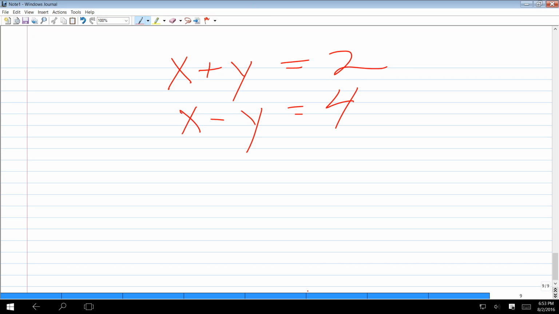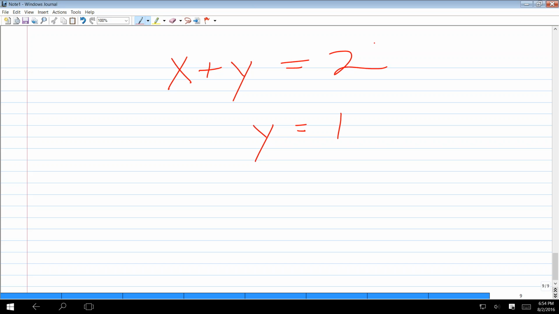Then it could be 2 and 2. Wait, no, it could be... Hold on a minute. I want to teach this a little different. You may not have actually got this ever. What if the other equation is y equals 1? Now, can you solve it?